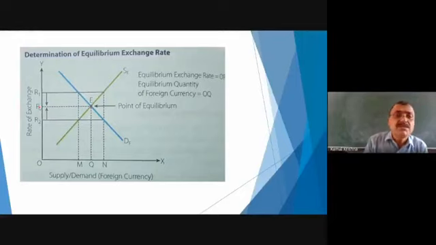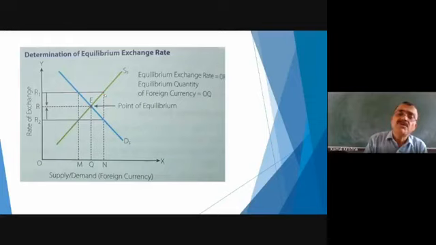But we see here what happens when the rate of exchange increases. When it increases from R to R1, what happens? Demand falls. Because we have learned that with the increase in exchange rate, demand falls. But on the other hand, supply increases. Why?